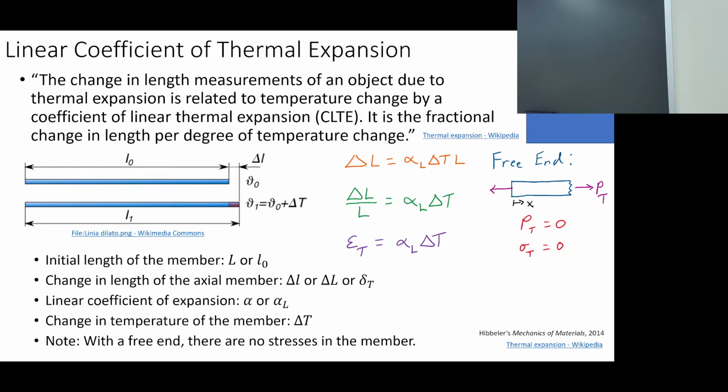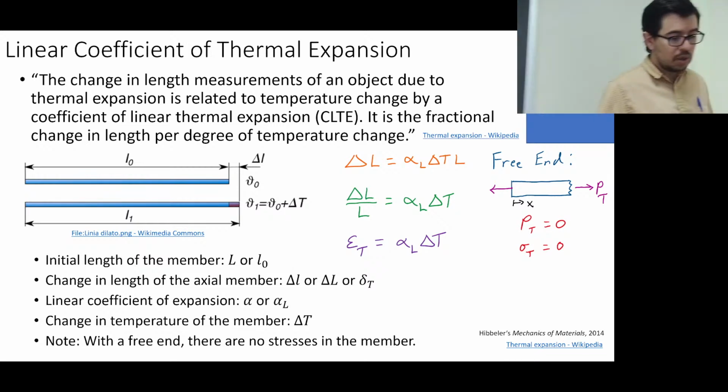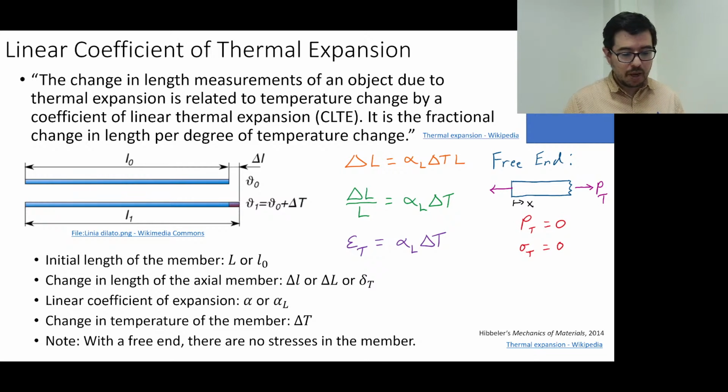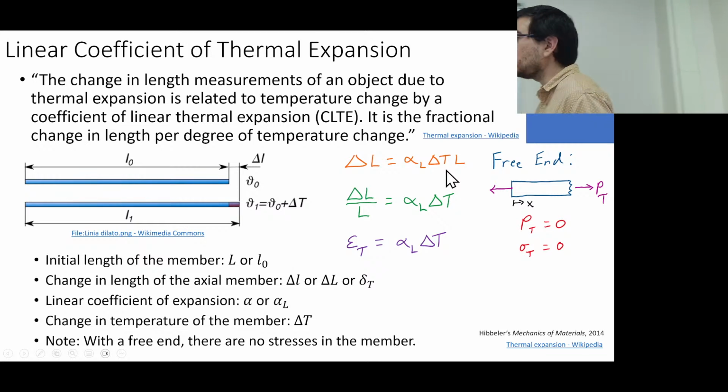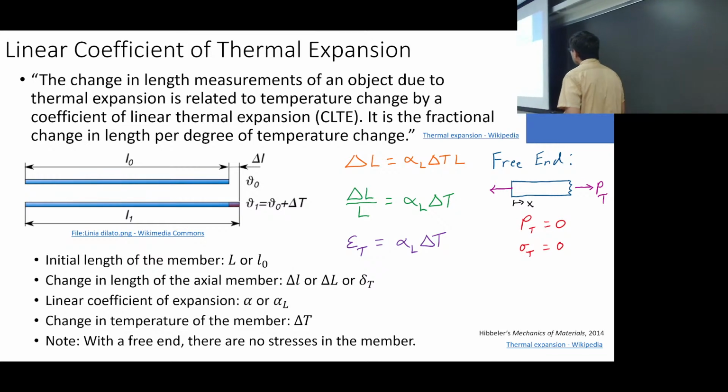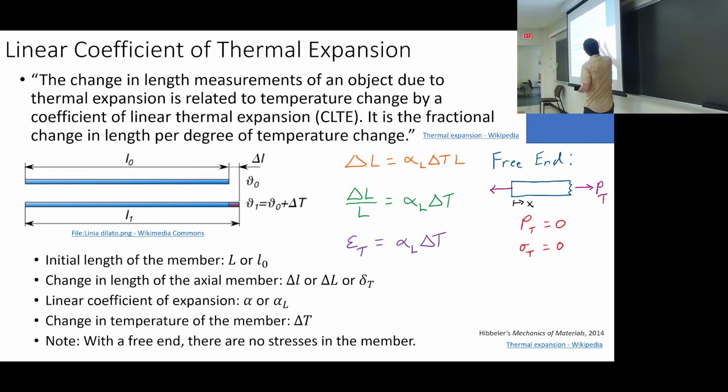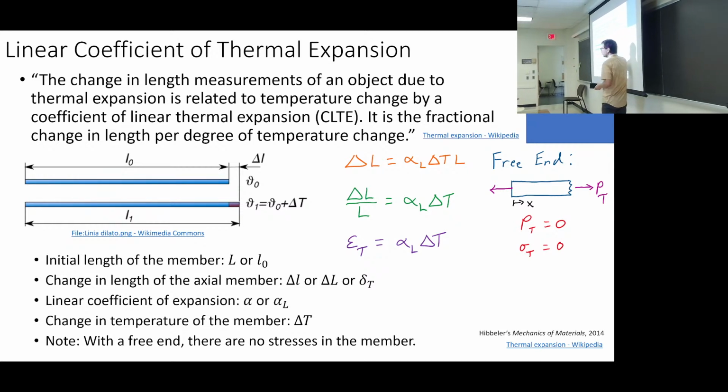So we're typically thinking about a bar, and if I multiply this coefficient of thermal expansion times delta T, a change in temperature, times the length, that will give me the delta length. And if I do delta L over L, that's strain.